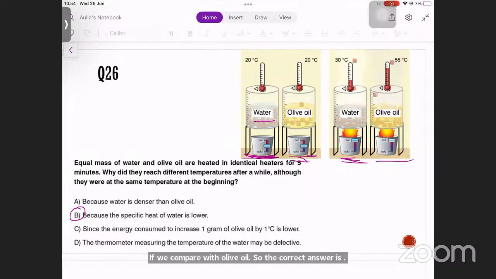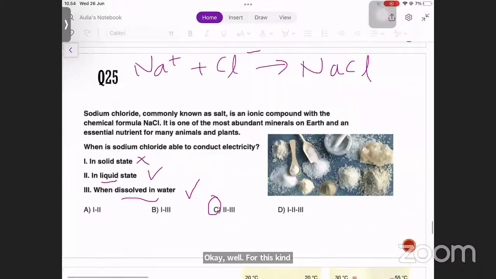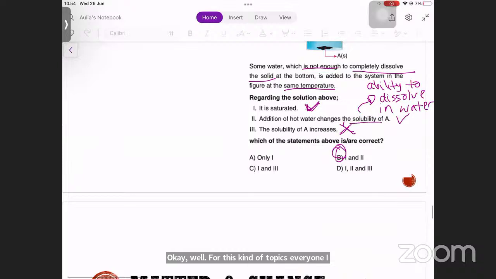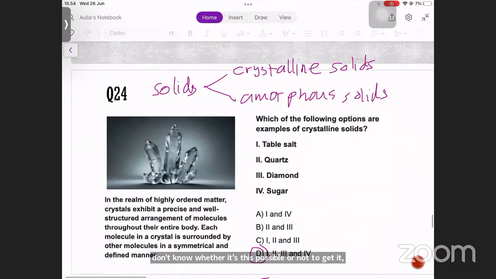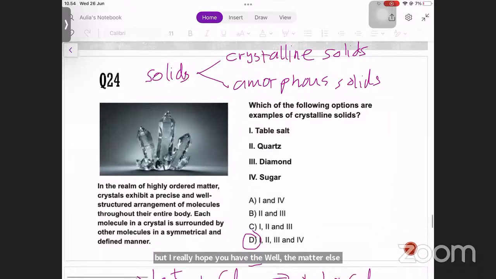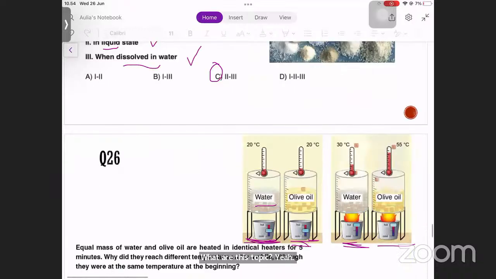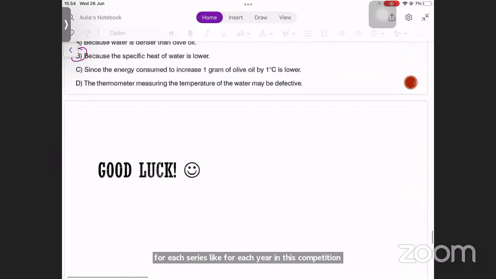Well, for this kind of topics, everyone, I do not know whether it is possible or not to get it, but I really hope you have the materials that you need for this topic, because most probably the questions for each series, for each year in this competition, may be different.